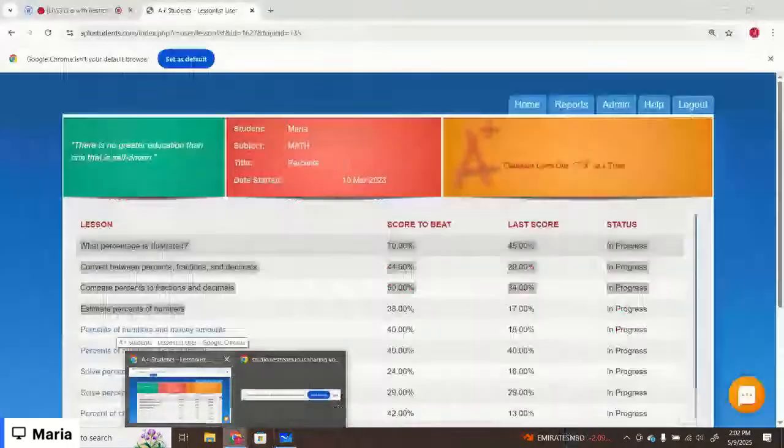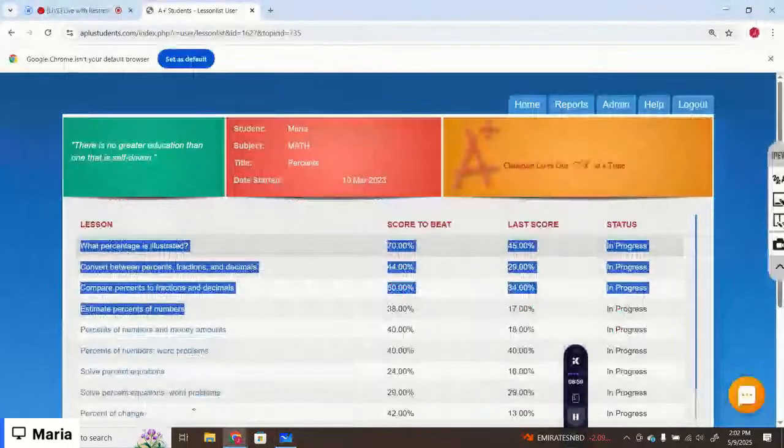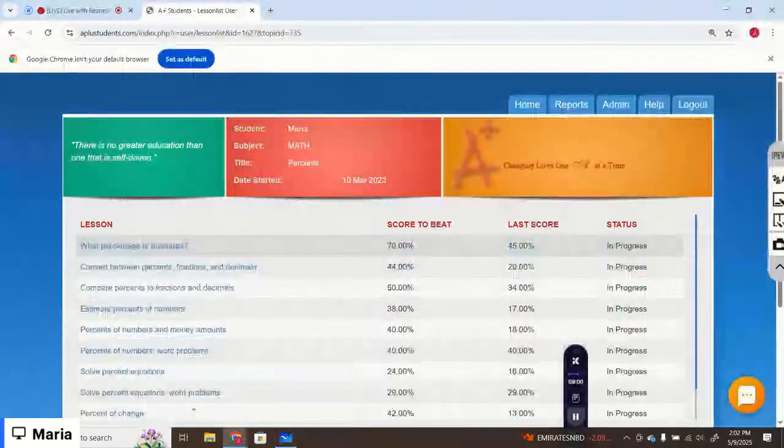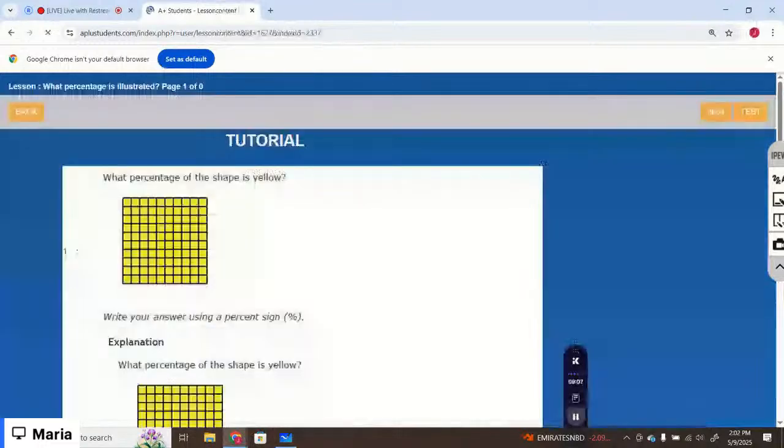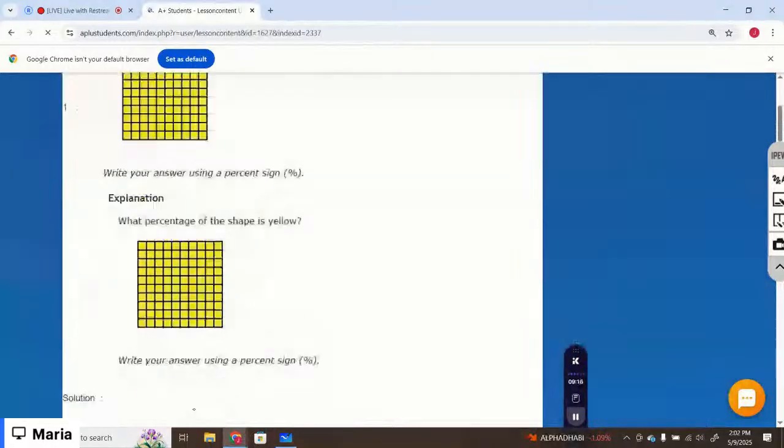Here I am on grade 7 math. The chapter we're on right now is percents. Let's just start with the lesson: what percentage is illustrated? What percentage of the shape is yellow? So just look at the shape. The complete shape is yellow, right?